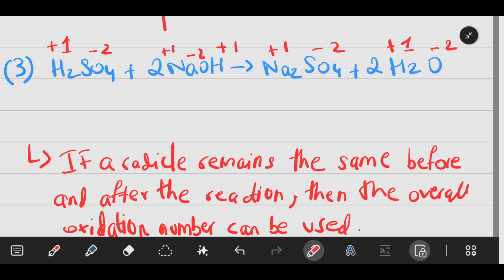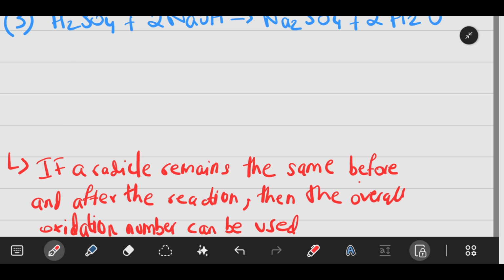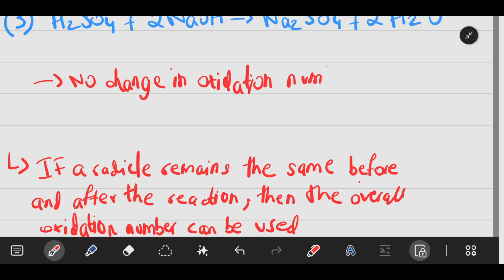Now what we notice over here is that no oxidation number is increasing or decreasing. So let's just go ahead and write no change in oxidation number. So we can successfully call it a non-redox reaction.